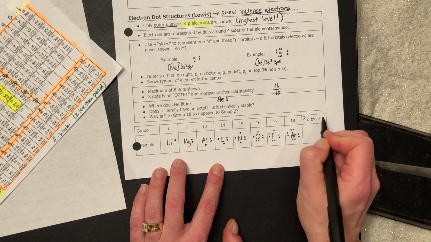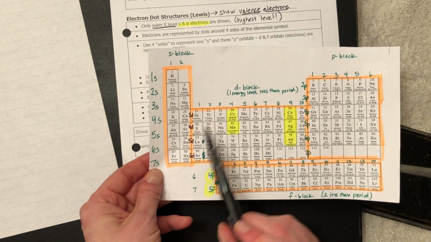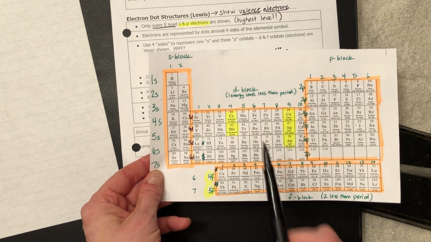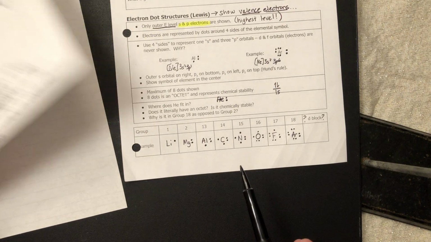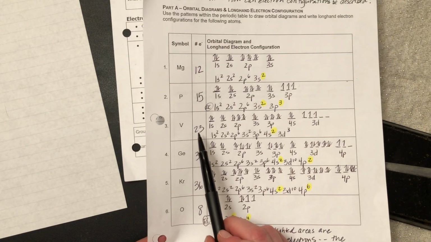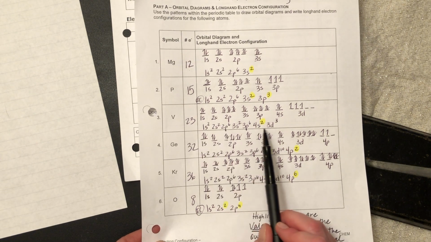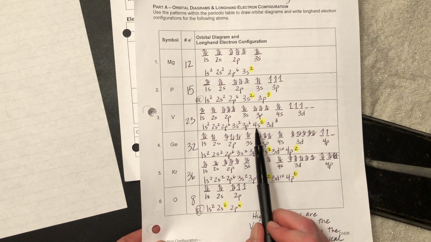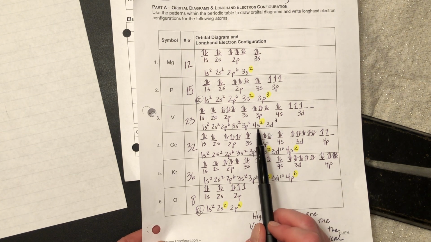Now, what about the d block? For the d block, we take a look at their configuration, and again, you look for the highest s and p electrons. So if I pull page 77 out, a great example of something from the d block would be vanadium. Vanadium, even though it filled up 3d last, notice 4s is the highest sublevel, the outermost sublevel.